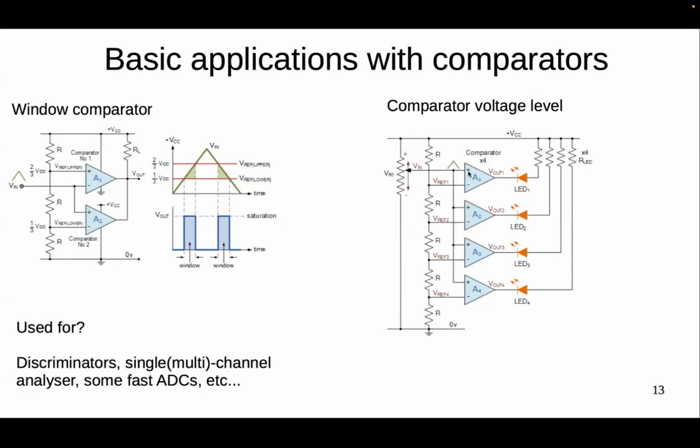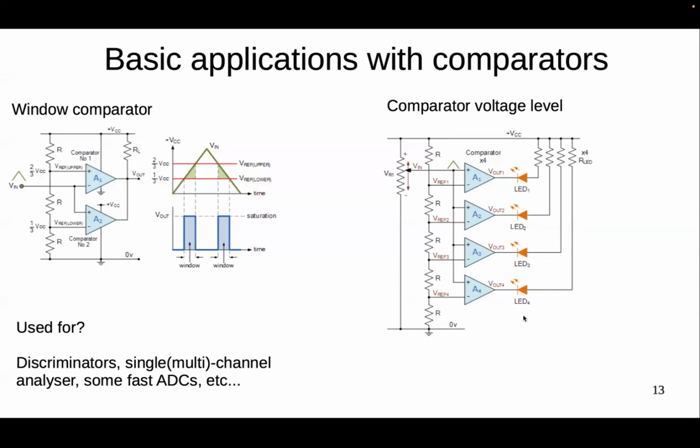This one is not inverted, and has different voltage levels. Depending on the level in the input, we will activate one of the outputs depending on the variation of the input level here.